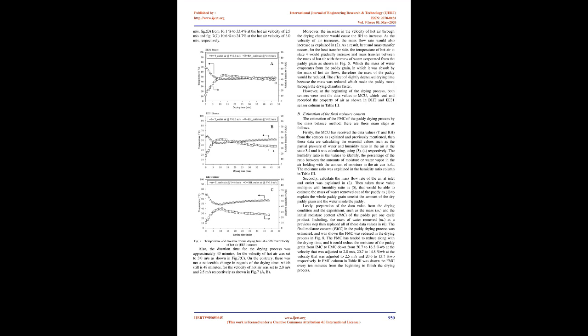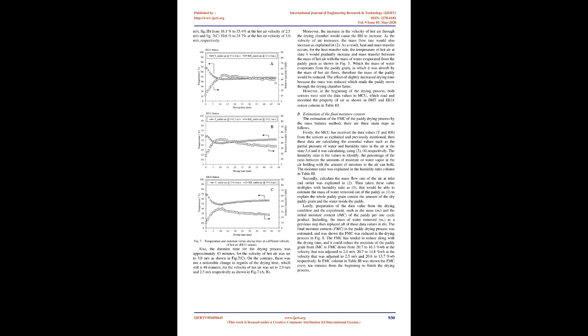This also caused the temperature to decrease as follows: Fig 7a, from 69.3 degrees Celsius to 48.4 degrees Celsius at the hot air velocity of 2.0 m/s, Fig 7b, from 63.57 degrees C to 51.9 degrees Celsius at the hot air velocity of 2.5 m/s, and Fig 7c, 69.6 degrees Celsius to 57.2 degrees Celsius at the hot air velocity of 3.0 m/s, respectively.